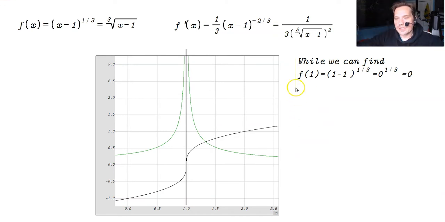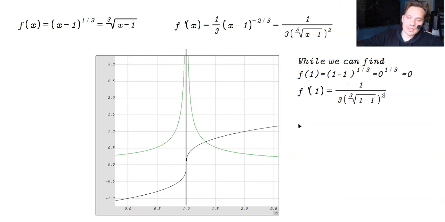But look at what happens in the first derivative if you try to do the same thing. So f prime of 1 would be equal to 1/3, and then the cube root of 1 minus 1 squared. Well, if you work through this, it just ends up being 1 over 0, okay? I'll leave some of the intermediate steps to you as an exercise in terms of simplifying the expression in the denominator, but it gets the idea across.